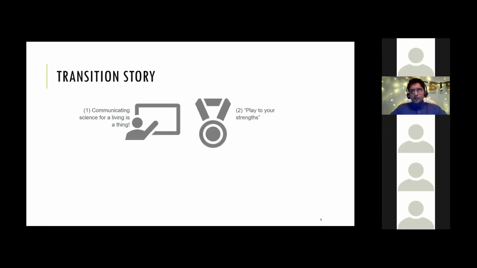And as I was researching and learning more about medical writing, I reflected upon something which one of my coaches used to say many years ago, which is you have to play to your strengths. Just like me, there are many people out there in a certain academic path who might be at a crossroads, just like I was at a crossroads where I had to determine between pursuing a career in research and development versus branching off into science communication.